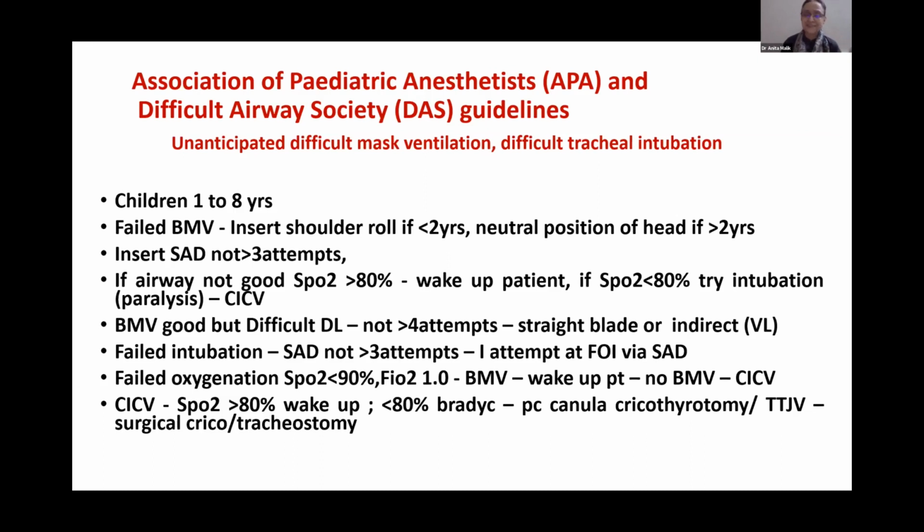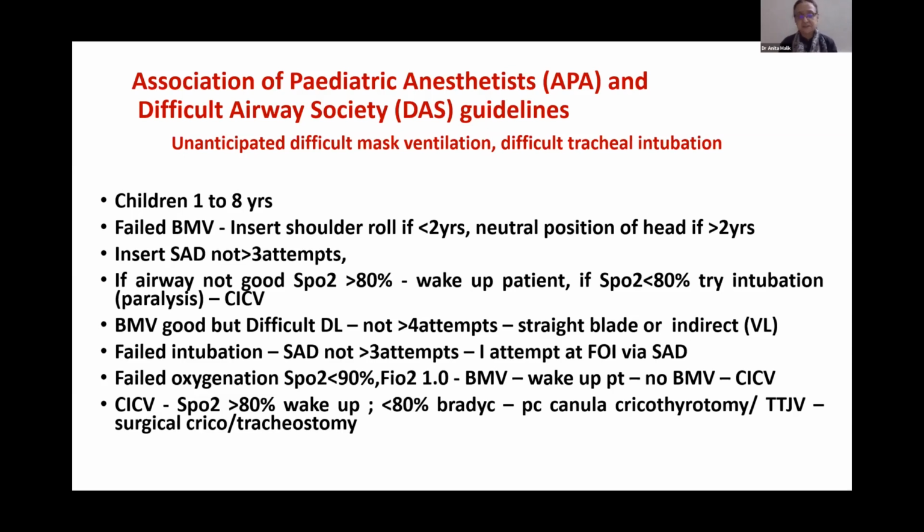If saturation is less, then you can try intubating the patient with a paralysing relaxant. It's been described because this is an unanticipated difficult mask ventilation and difficult tracheal intubation. And even if that fails, then the situation lands up in CICV.